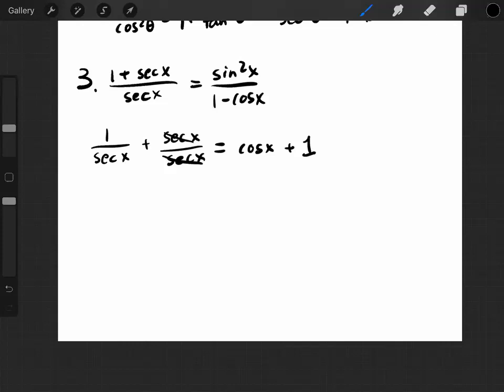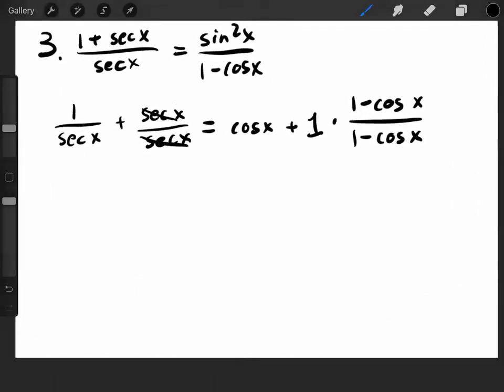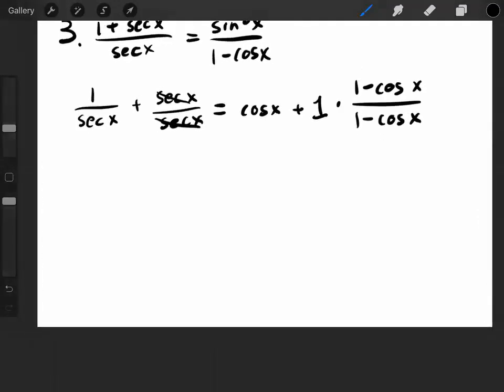Now, how do we get this to look like this? Well, we can multiply this by 1 minus cosine x over 1 minus cosine x, because when you FOIL these, you'll end up with a 1 minus cosine x here, and so you'll be ending up with 1 minus cosine squared x over 1 minus cosine x.